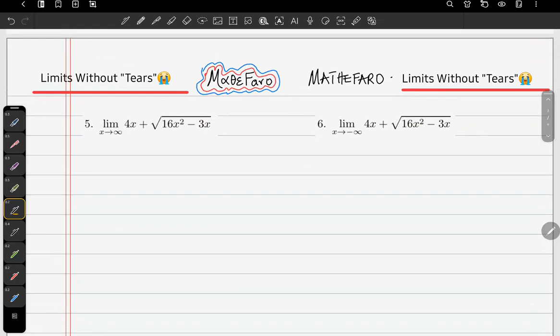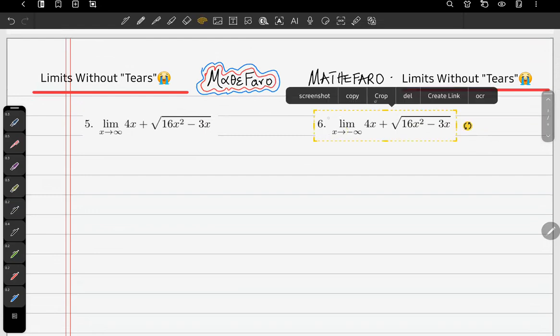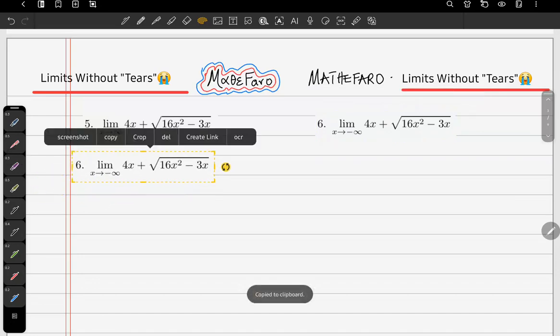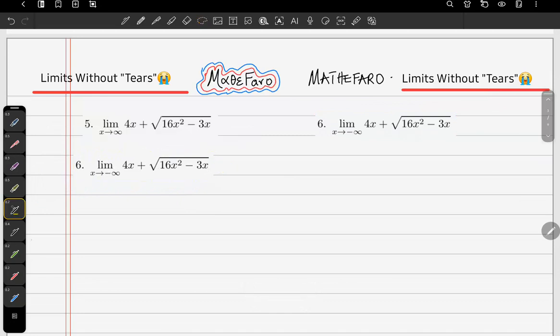So we want to find the limit of 4x plus the square root of 16x squared minus 3x as x approaches negative infinity. So if we want to do this using the same tricks as we have seen in the last video, it's basically going to be the same thing.